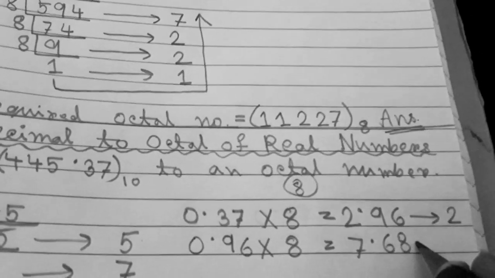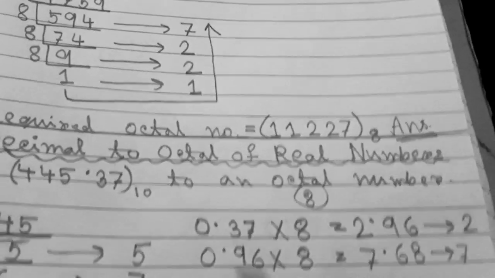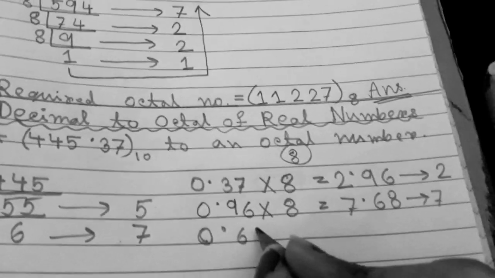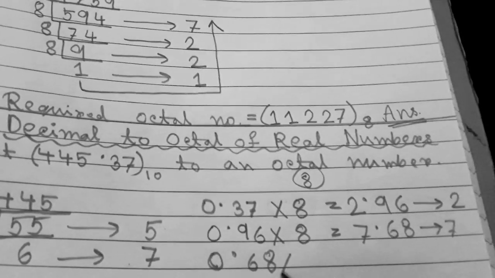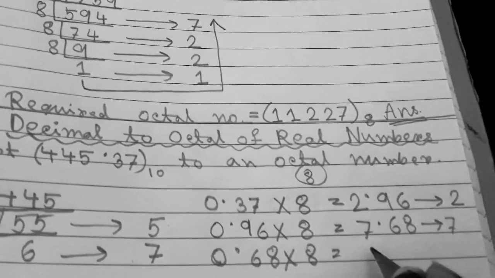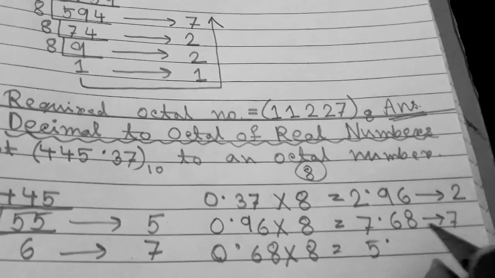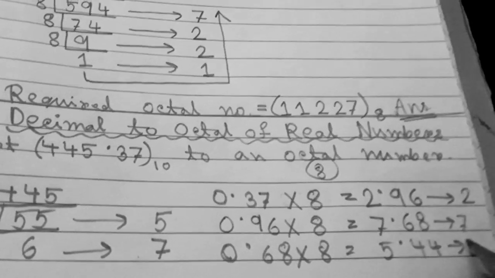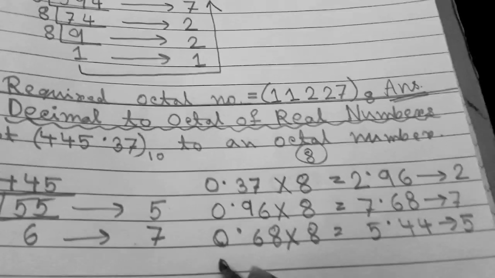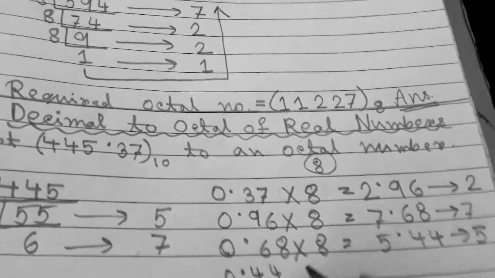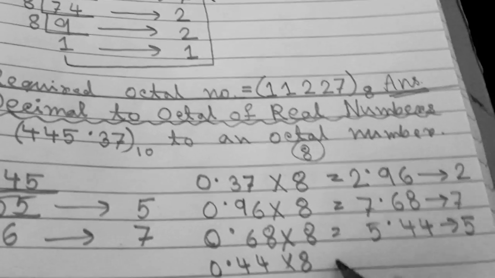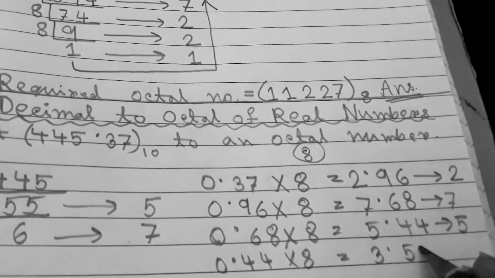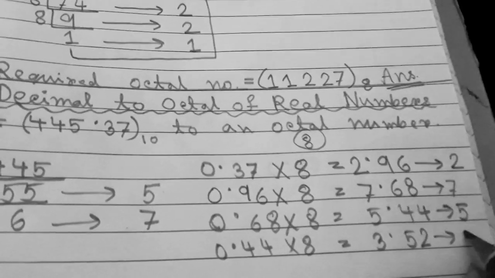Only fraction part you again start to multiply. Here is 7. So keep 7 aside and start with 0.68. 0.68 into 8. Here is 5.44. You can easily use calculator here. 5 I keep aside and 0.44 into 8 is 3.52 and 3.